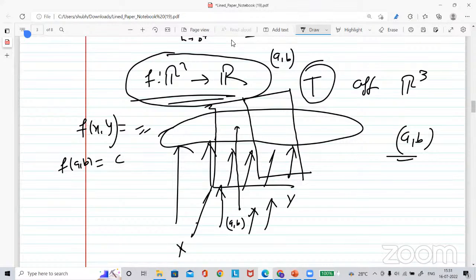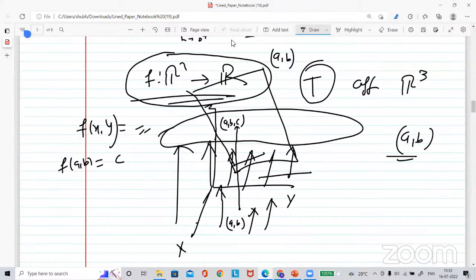So once you graph this function, you substitute here, you get the value c, so the graph is here. Now tangent at this point means you are drawing this tangent in R3. So this is the meaning.